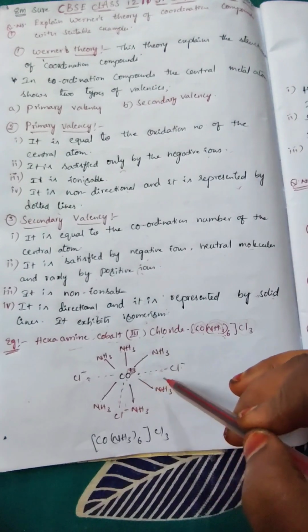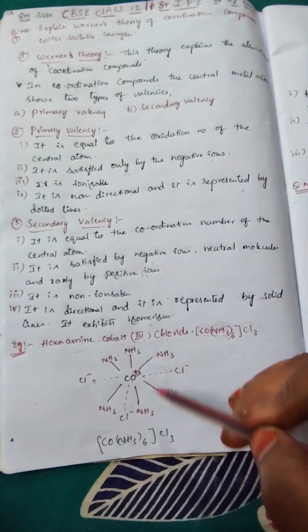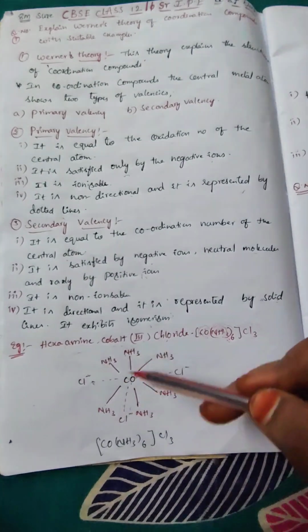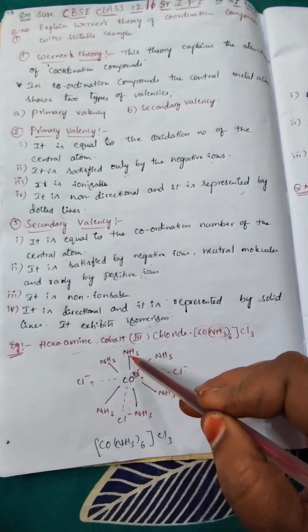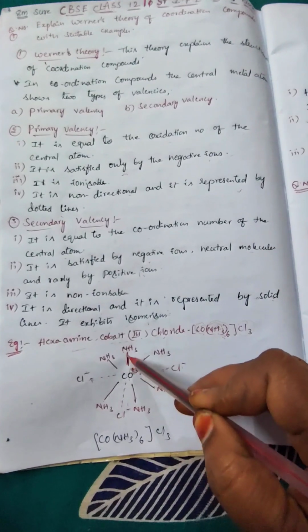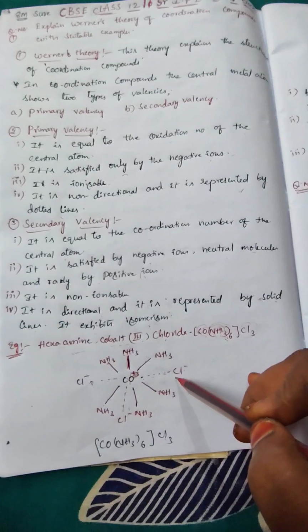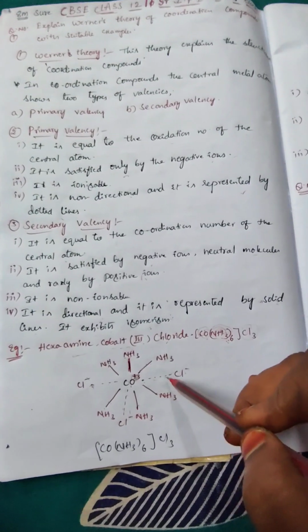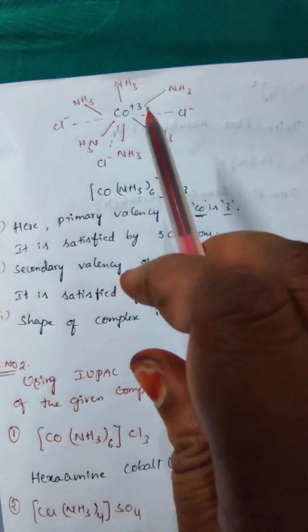Primary valency 3. This secondary valency is satisfied by neutral molecules, negative ions or positive ions. Here NH3 is neutral, and it is represented with solid lines. Secondary valency is represented by solid lines, whereas primary valency is represented by dotted lines.